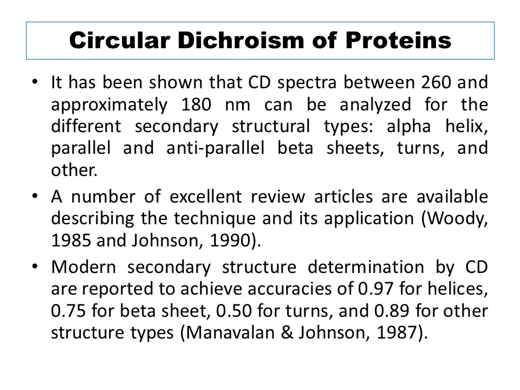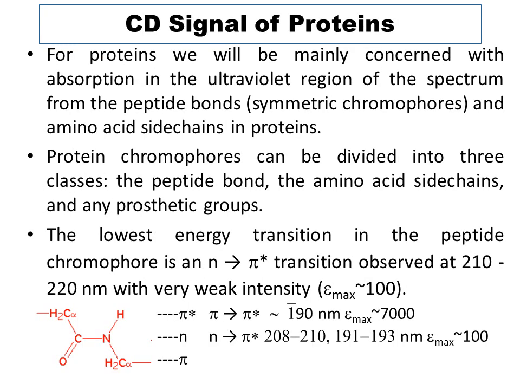Modern secondary structure determinations by circular dichroism are reported to achieve accuracies of 0.97 for helices, 0.75 for beta sheet, 0.5 for turns, and 0.89 for other structure types. So we can find out a lot about proteins using circular dichroism.